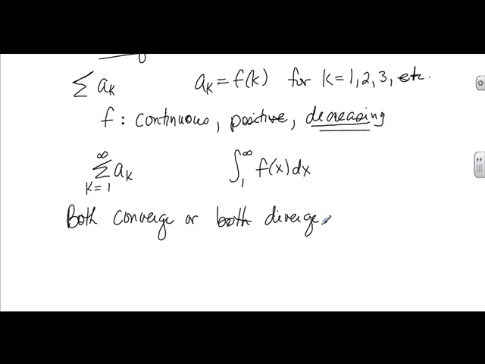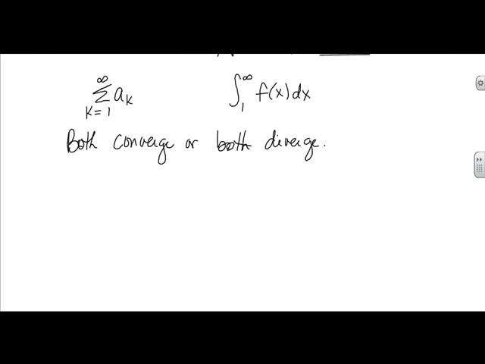If we have the series from 1 to infinity of 1 over the third root of k plus 10, we would be considering the function f of x equal to 1 over the third root of x plus 10.